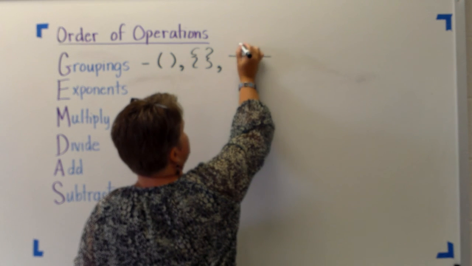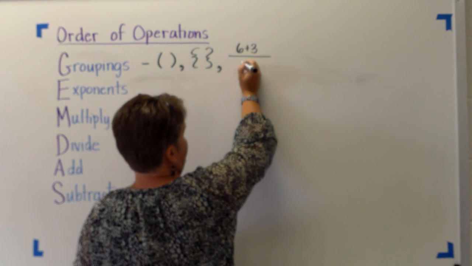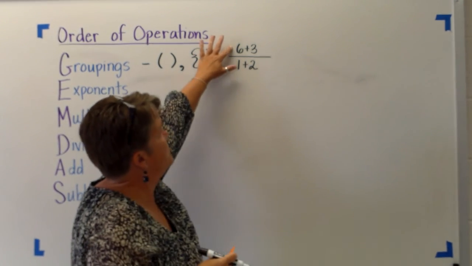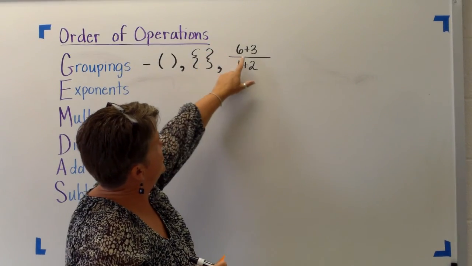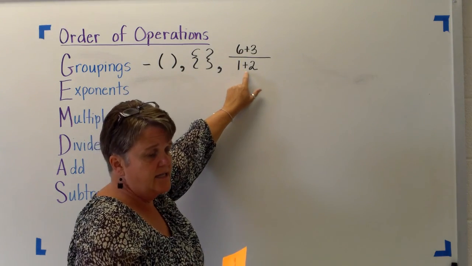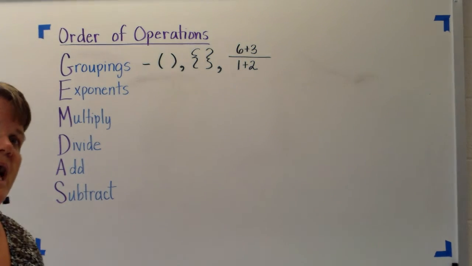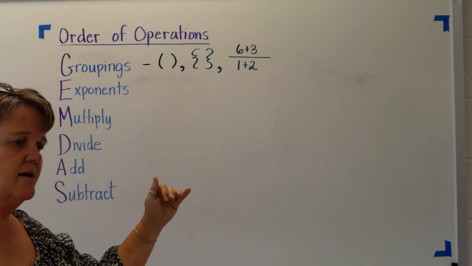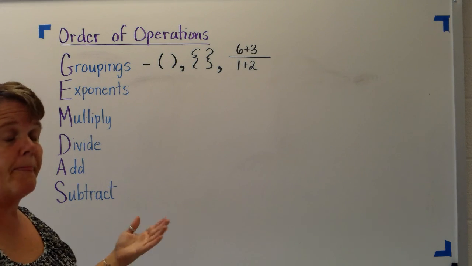The division bar is used as a grouping symbol only if there is an operation in either the numerator or denominator. Like this is a division, but there's an addition sign in the numerator and there's an addition sign in the denominator.